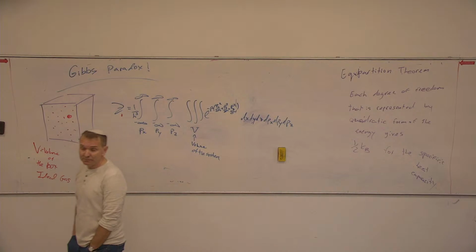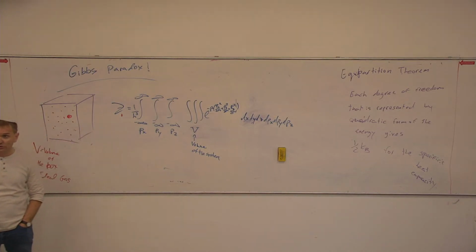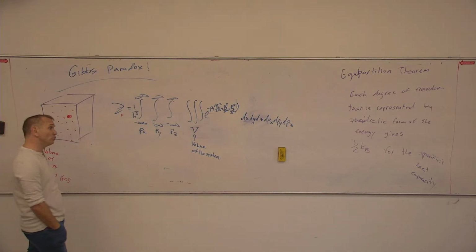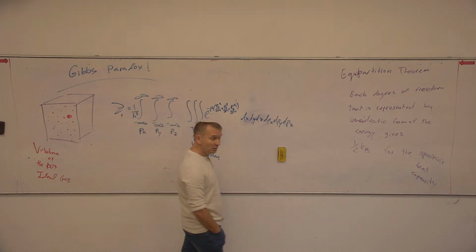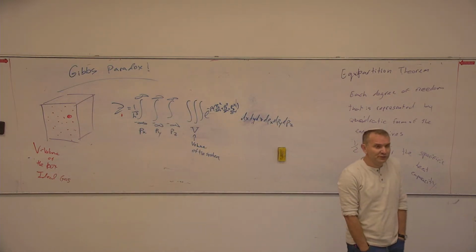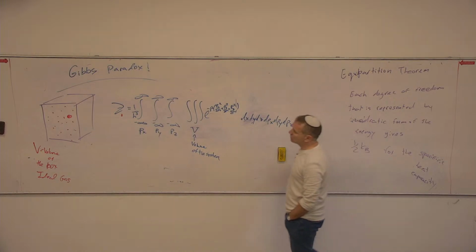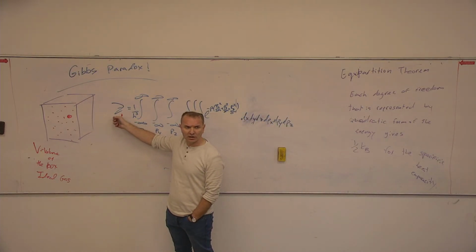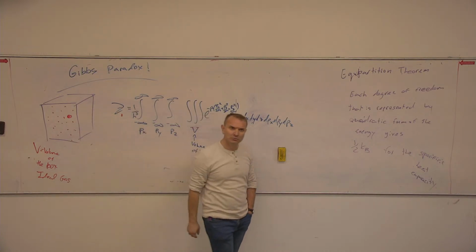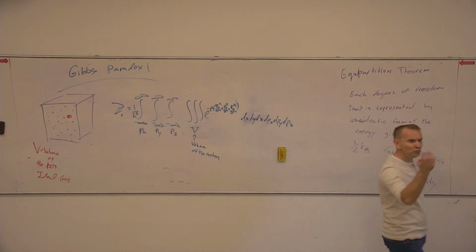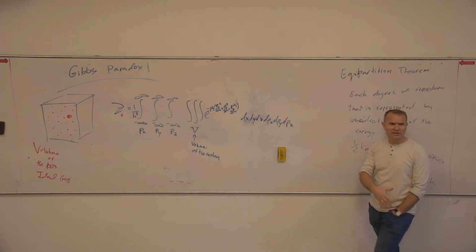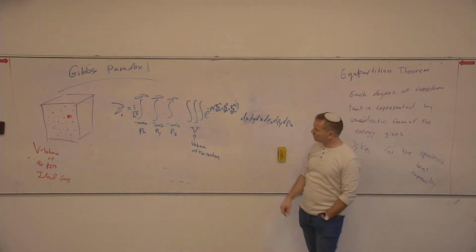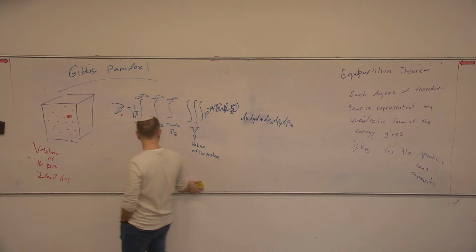Because if they're independent, and the total energy is just the sum of the energies of all the different particles, I'm going to use the factorization. I will compute the partition function of one of the guys, and then multiply it. Because all these Z1, Z2, Z3, Z4, Z5 are going to be exactly the same. All the particles are identical.